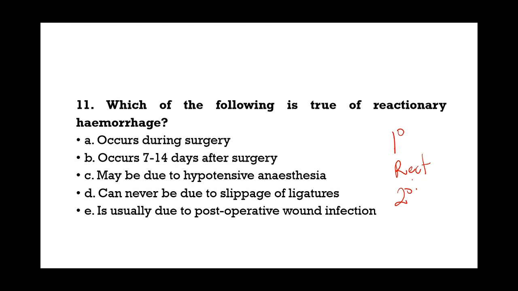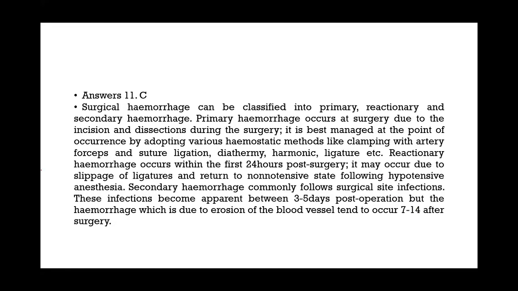Yes, we said hypotensive anesthesia will lower the blood pressure. Then when the patient recovers, they now bleed. D, can never be due to slippage of ligature. This is false. We said it could be due to slippage of ligature or dislodgement of clot. E, it's usually due to post-operative wound infection. This is for secondary hemorrhage. So we said the answer is C.